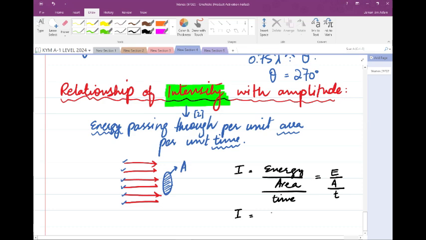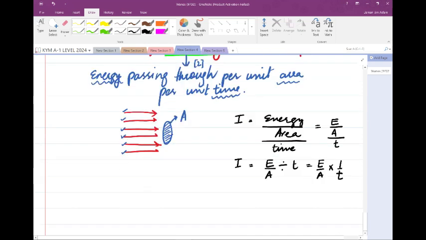I can write this as E over A divided by t. When this division sign turns into multiplication, it is 1 over A multiplied with E over A multiplied with 1 over t. This t gets multiplied with this A, so the intensity comes out to be energy over area into time.